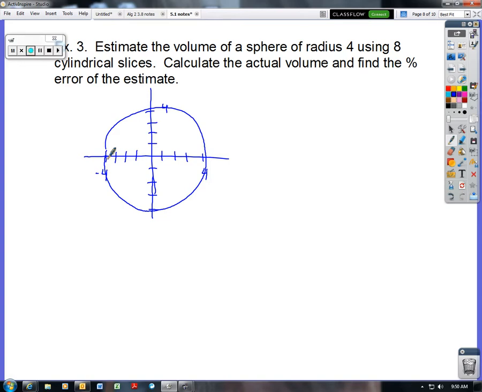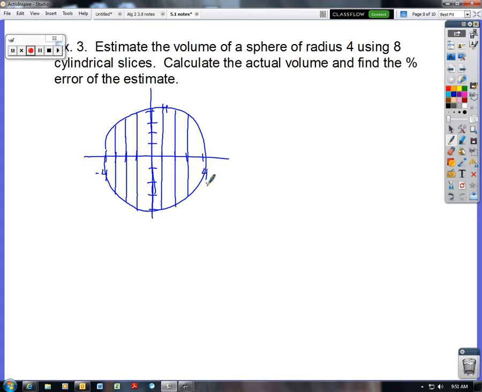Okay, we are going to slice using 8 slices, so that's nice because I can just go right down through. The widths will be 1. And that one's right there.